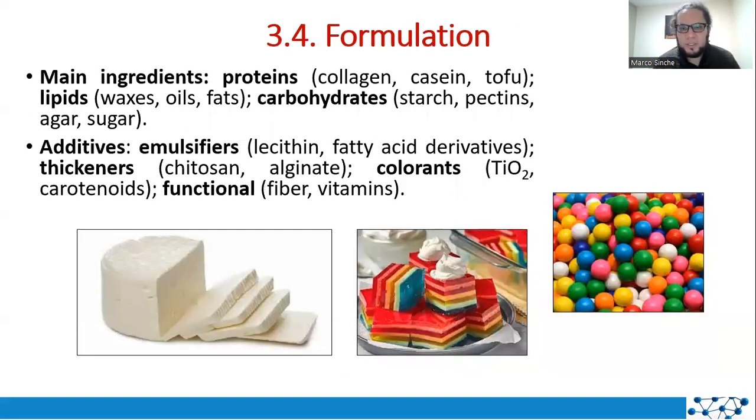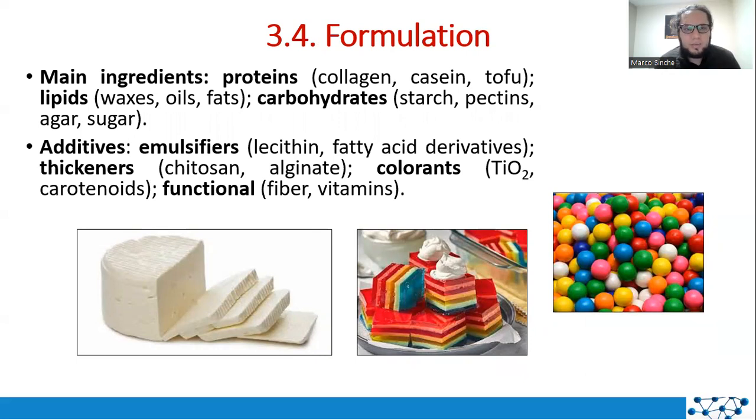And regarding formulation, the materials could act as the main ingredients. For example, in the case of casein, that is the main component of cheese, or waxes that are added to some products to give them some shine, or even pectins or agar, that is the main component of gelatin, for example.